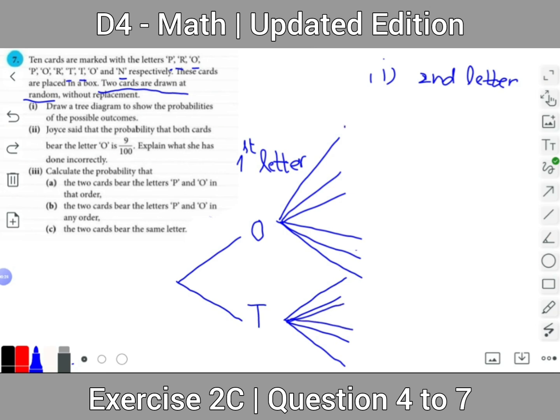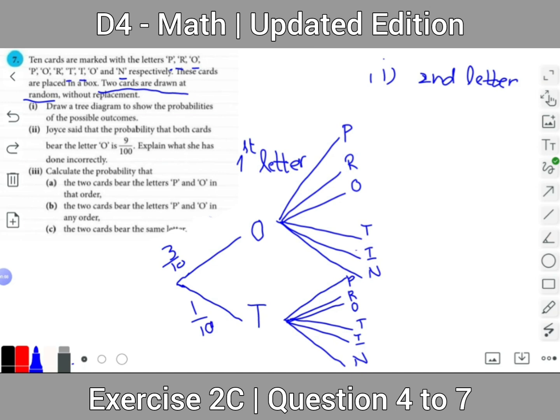So here we have P, R, O, T, I, and N. For O we have 3 over 10. For T we have 1 over 10.